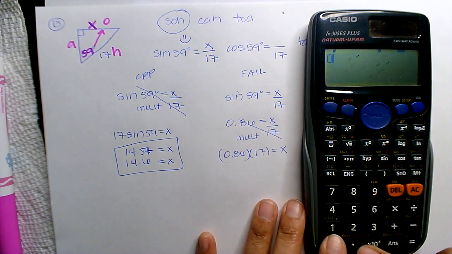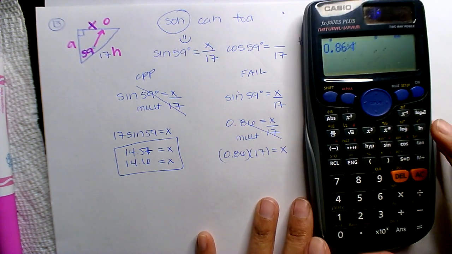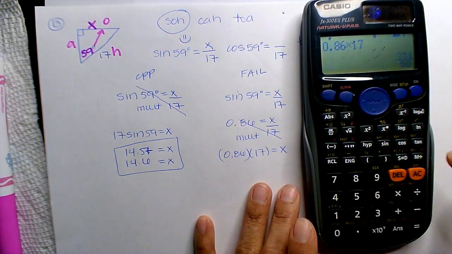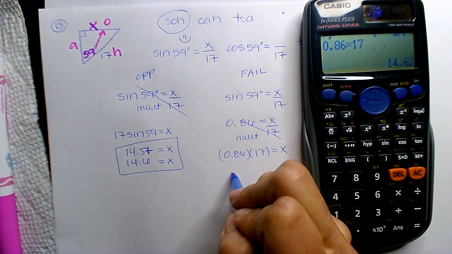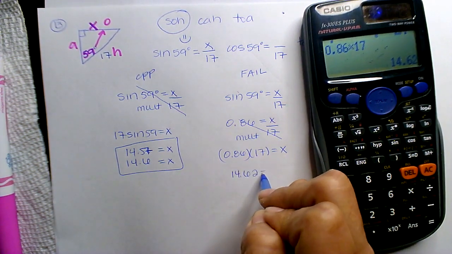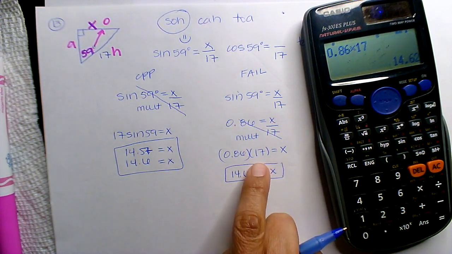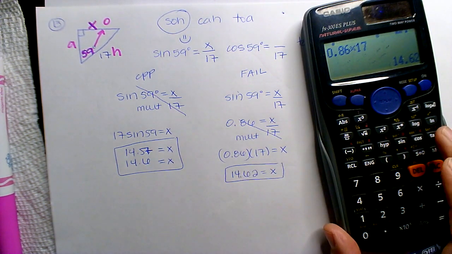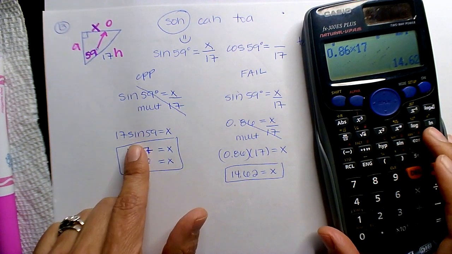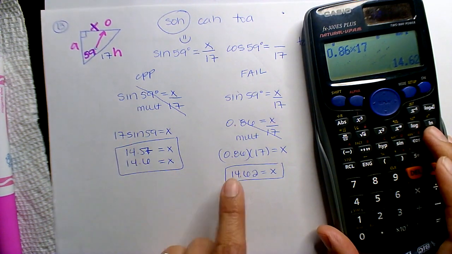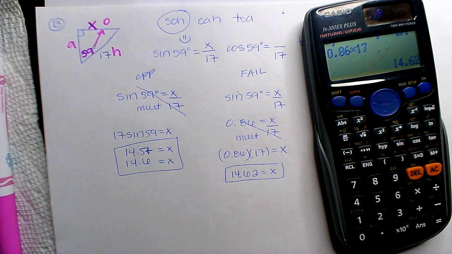That gives you 14.62. You're going to have some sig fig errors on this one because you're not being 100% precise. The one on the left is more precise because we didn't cut off any sig figs, but it doesn't matter. We're not NASA, JPL, it's just high school math. So either of these is acceptable.